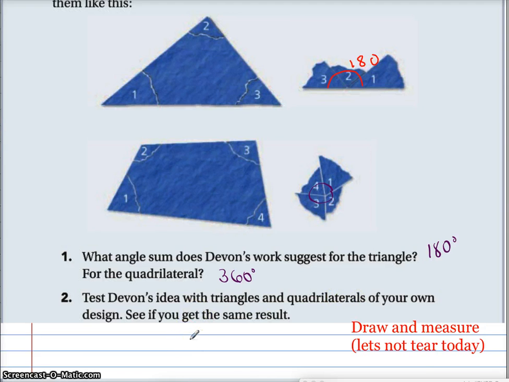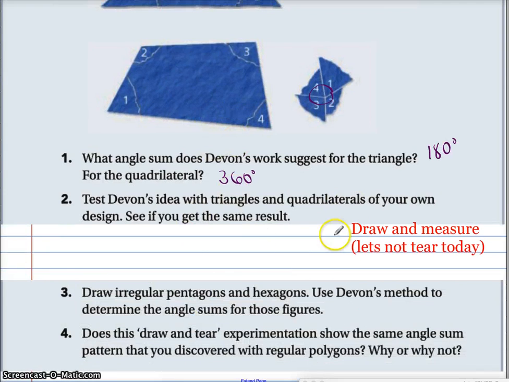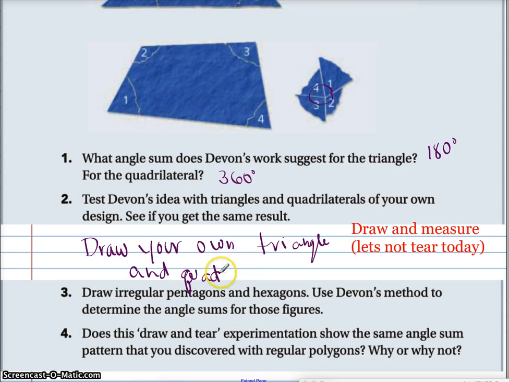Okay, so for number 2, you should draw your own triangle and quadrilateral.